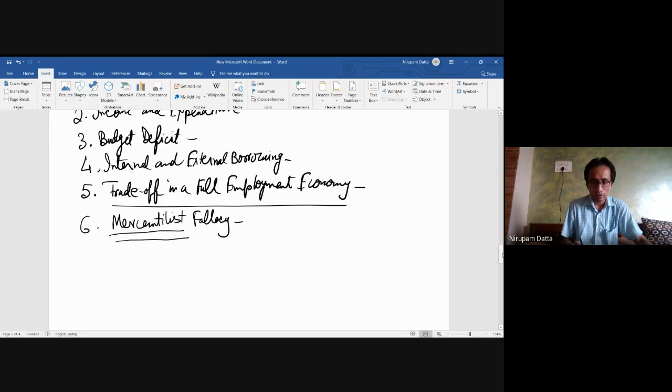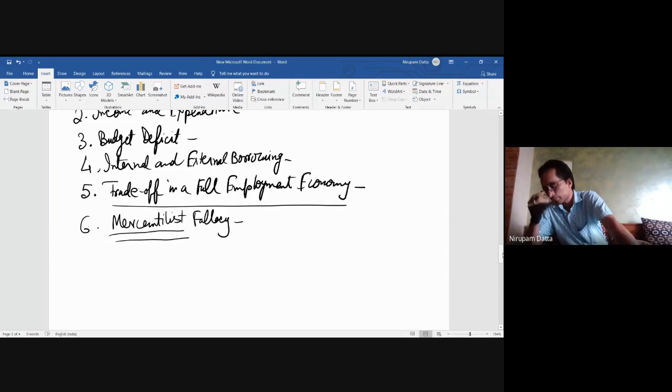Now Adam Smith disputed or disproved this theory, because he said it is not possible for all the countries of the world to run this trade surplus at the same point of time. Let's say there are two individuals, Tridit and Peter.